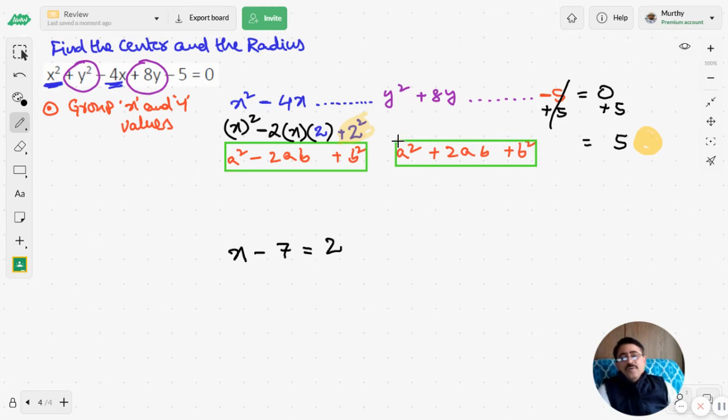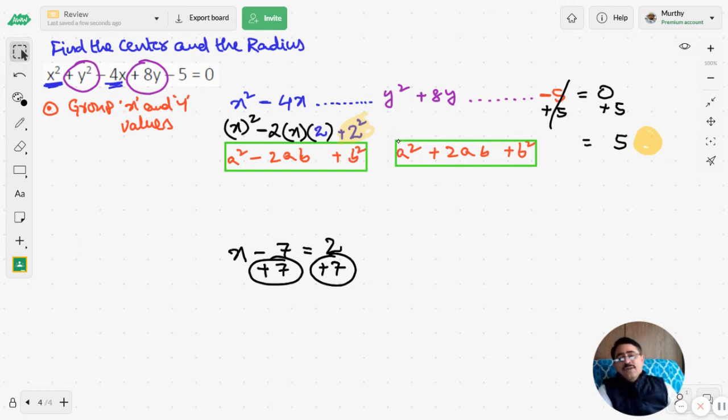You know how to solve? Yes, we cancel this one by taking positive 7 on both sides. When you add something on the left side, you have to add the same value on the right side of the equal to.